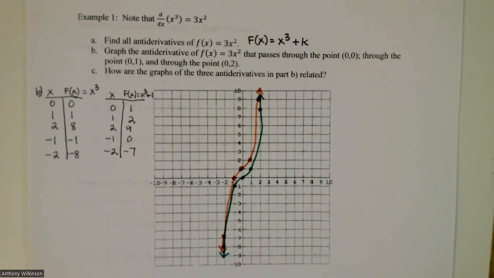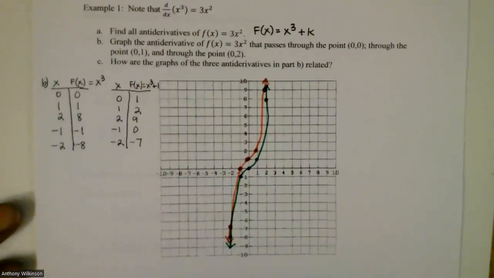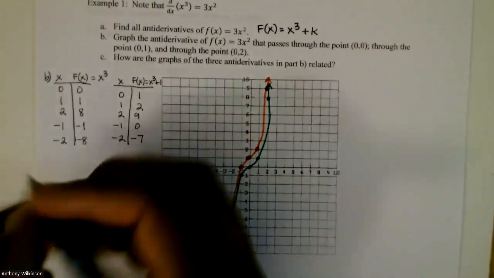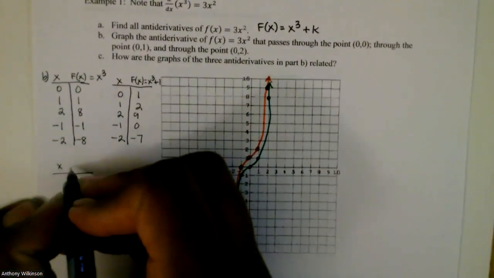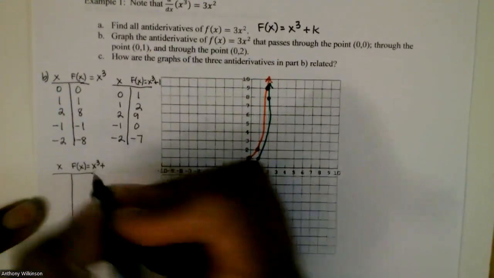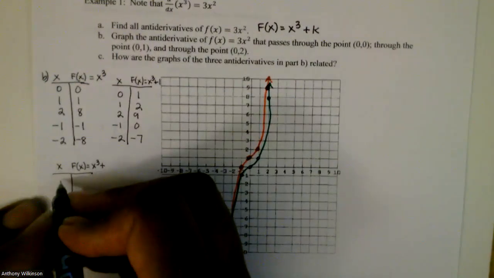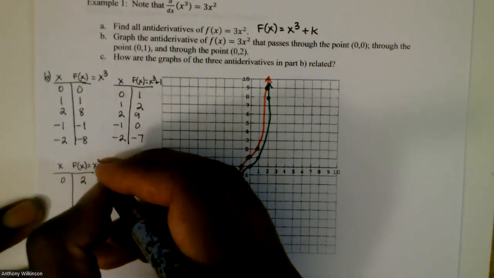And then finally for 0, 2, here I'm going to draw another table for x and then capital F of x, which is x cubed plus something. So if x is 0, that means my y has to be 2. 0 cubed will be 0.